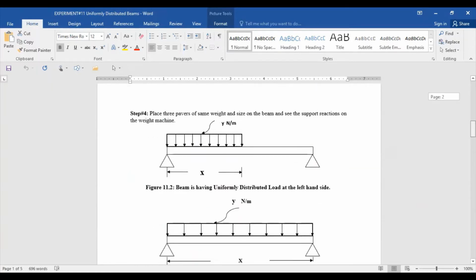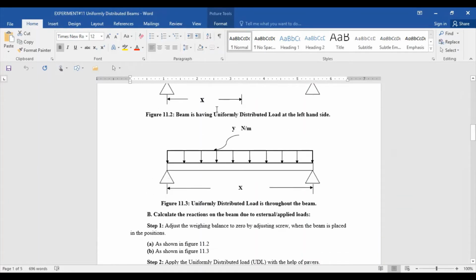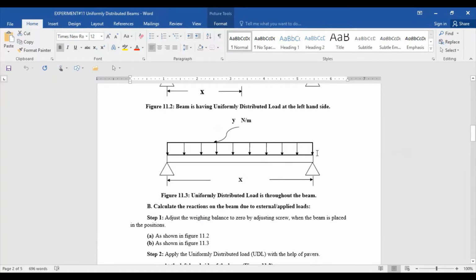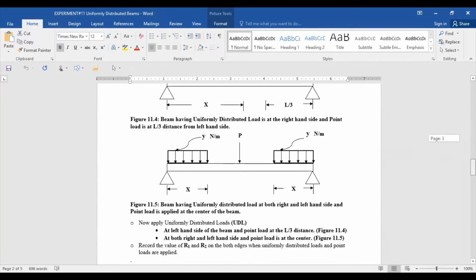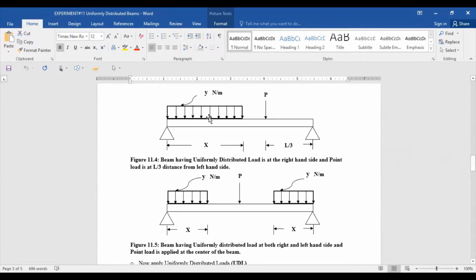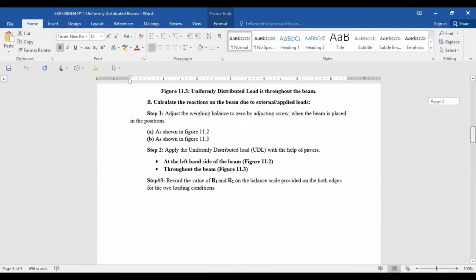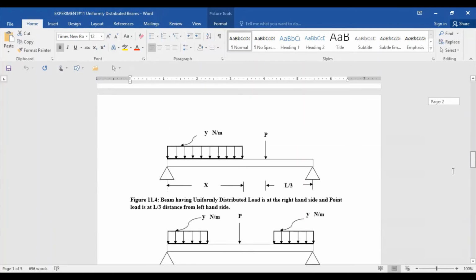In this experiment, you have different cases. For example, you have to take the uniformly distributed load at the start. You can put all the pavers on the beam, and in another case you can put 2 or 3 pavers here and take one point load, meaning you take one hanger over here at whatever distance you want. Because I have taken x over here, that's why.